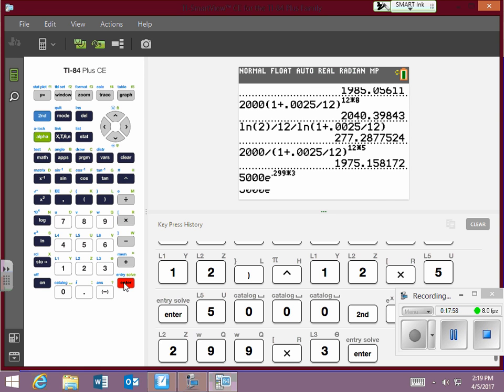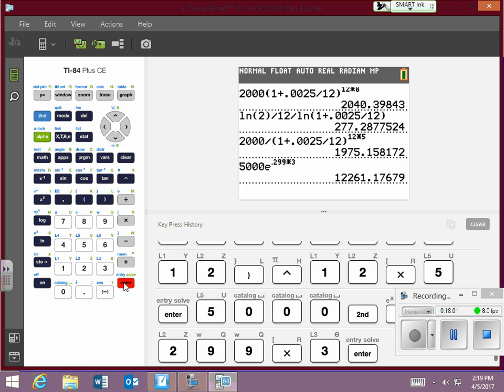Such a good deal. You only owe $12,261. Right? They certainly gave you a good deal, didn't they? $12,261.18.